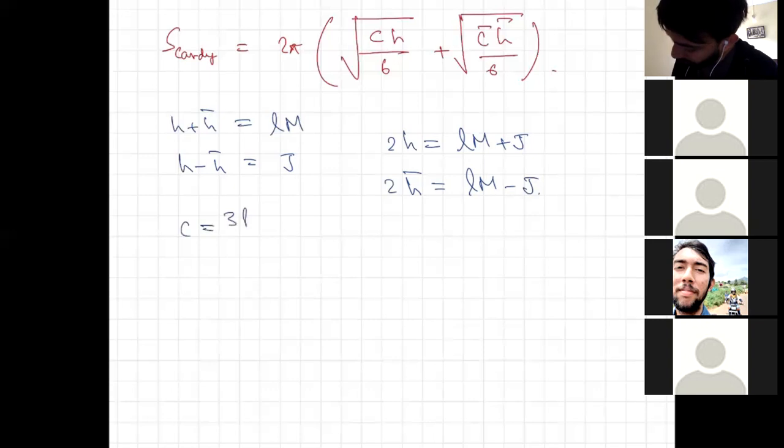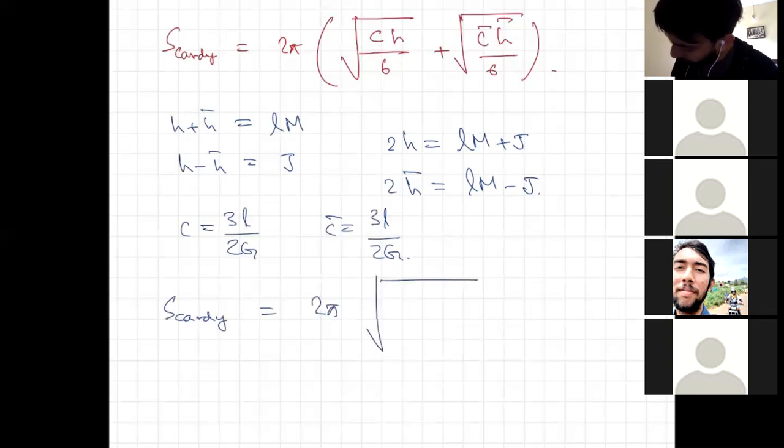c is equal to 3L over 2G, and c bar is equal to 3L over 2G. Plug these in. So S Cardy is 2 pi into the square root of 3L over 2G. There is a factor of 2 which I'm missing.